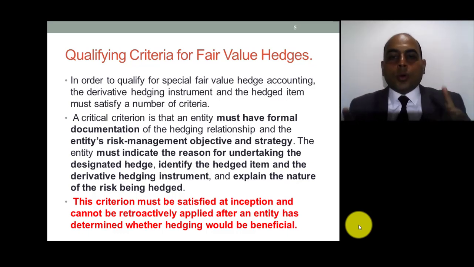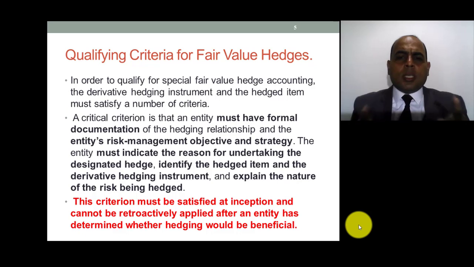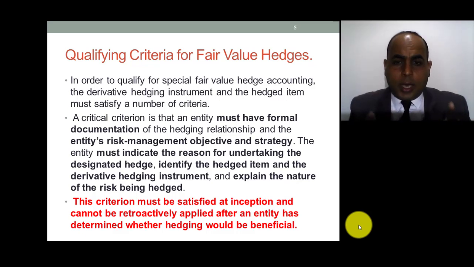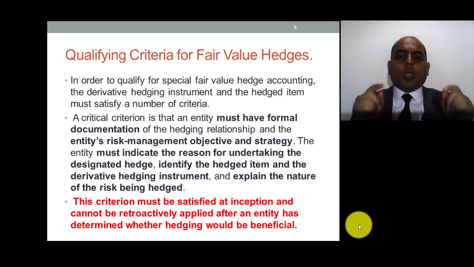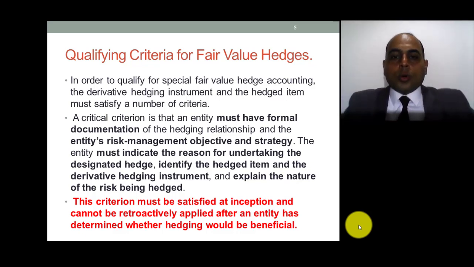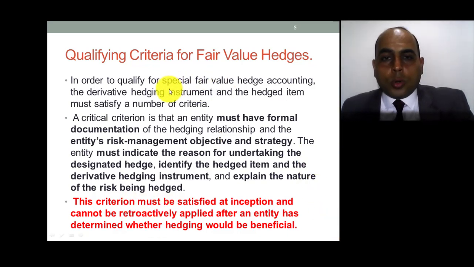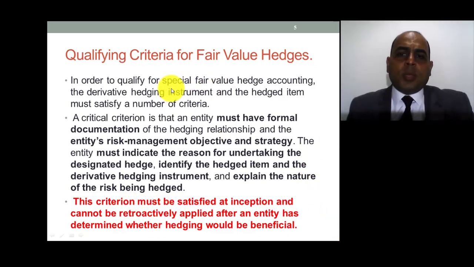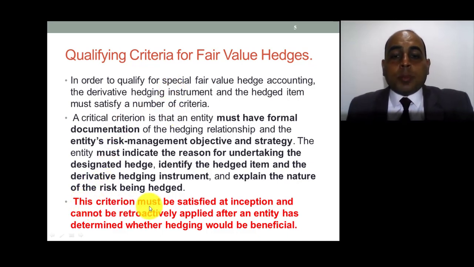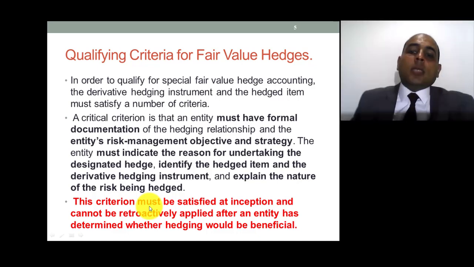Otherwise, if you don't consider these points, or you didn't determine them before you entered into the forward contract, or before you follow the procedures of special fair value hedging, the point is this criterion must be satisfied at inception.